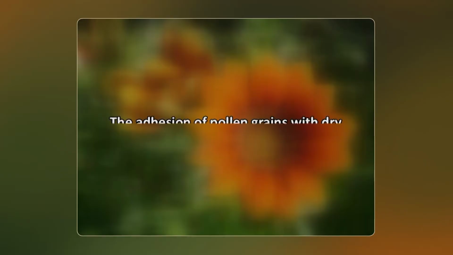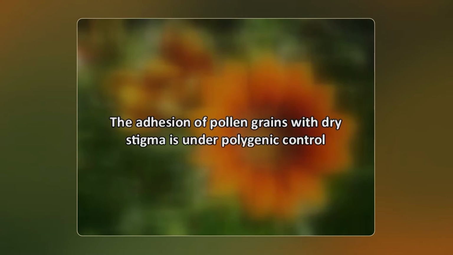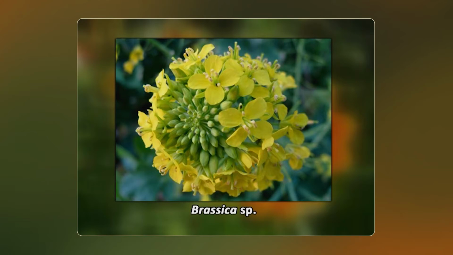The adhesion of pollen grains with dry stigma is under polygenic control. In Brassica, pollen adhesion increases with time, requiring almost half an hour to achieve a maximum binding.